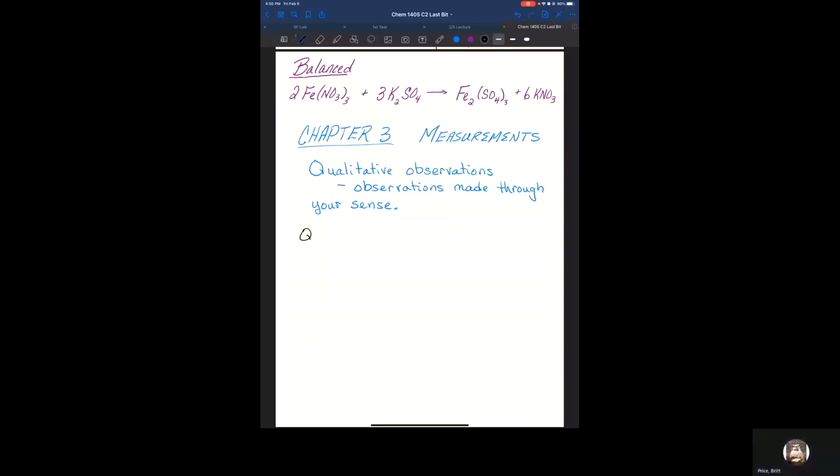Quantitative would have involved looking at the actual numbers. Where did you start and where did you end? Numerically, what was the temperature difference? So these quantitative observations, you got to have some sort of numerical measurement.